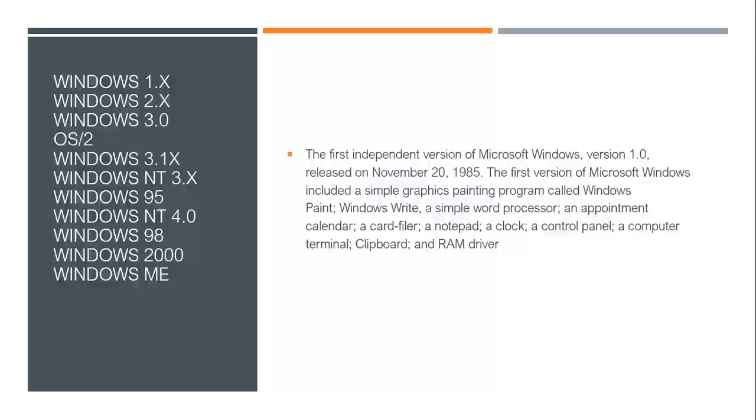The first independent version of Microsoft Windows is version 1.0, released on November 20, 1985.